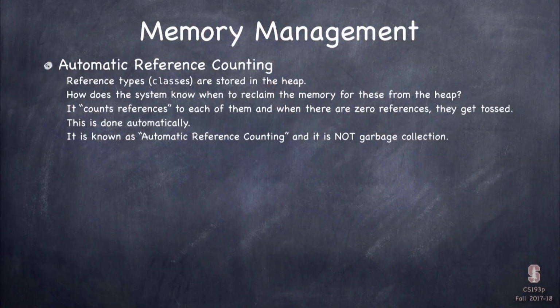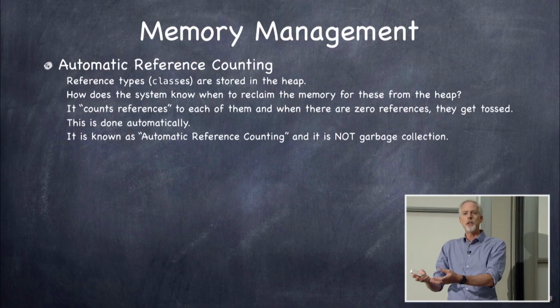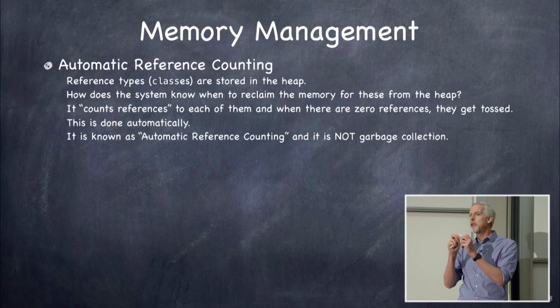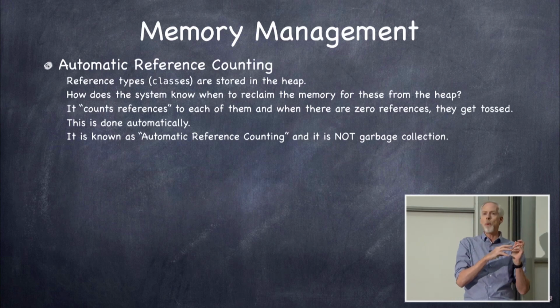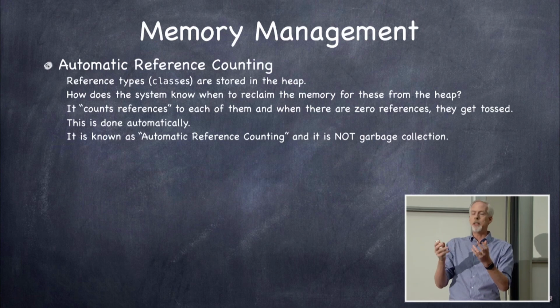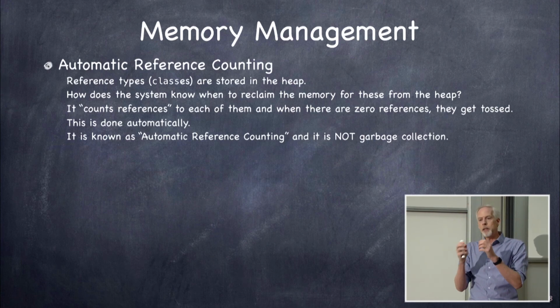It's really simple. Every time, somehow magically, that you create a pointer to a reference type in the heap, Swift adds one to some counter somewhere. And every time that pointer to it goes out of scope, or it is not pointing to it anymore, like it was an optional, it got set to nil, for example, then it decrements that count.